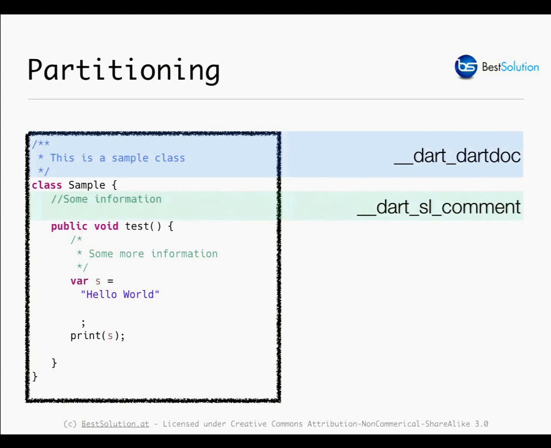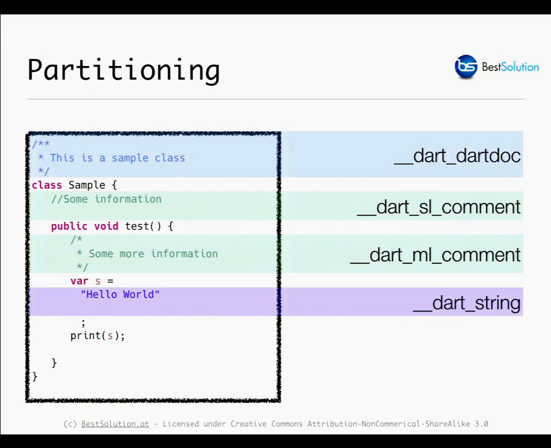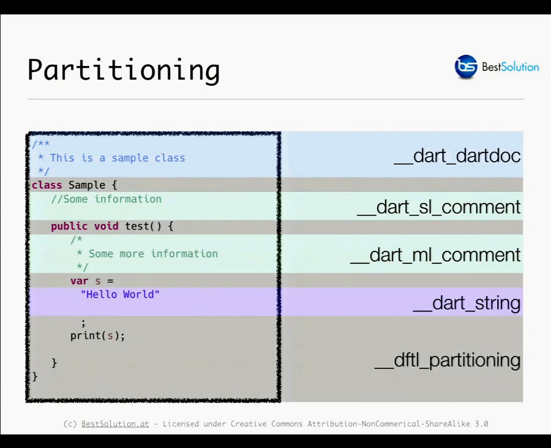I'm using Dart because with that I get a headless server that allows me to create autocompletion and all the stuff very easily for you. So a comment, another comment, multi-line comment, then we have a string partition, and everything that's not yet captured as a partition goes into the so-called default partition.